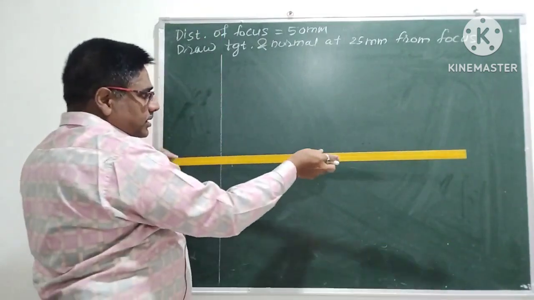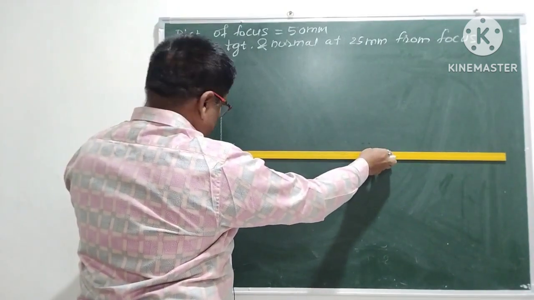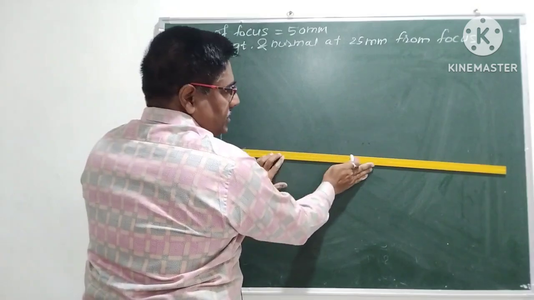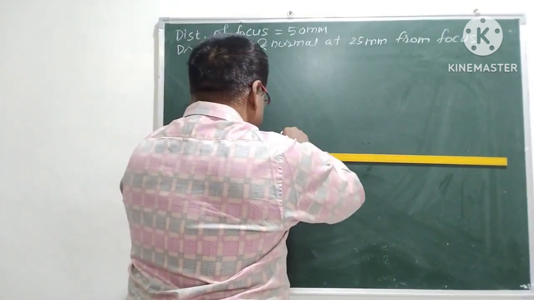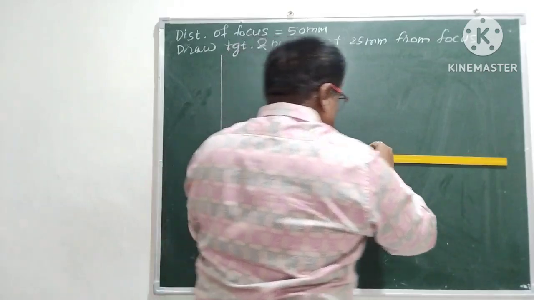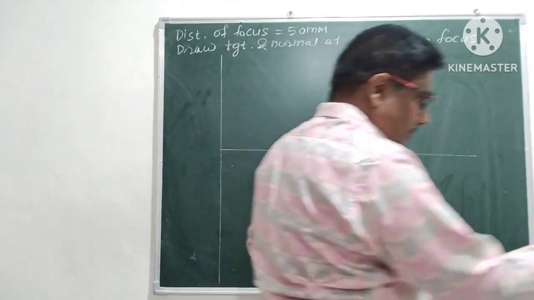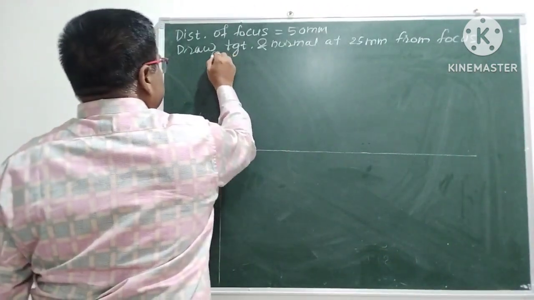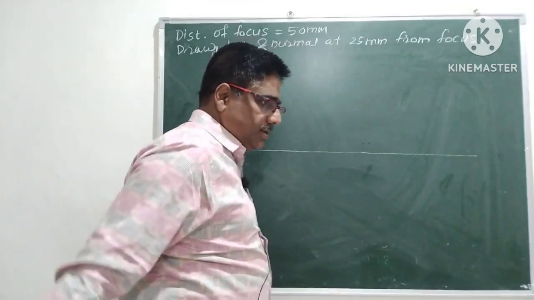Then somewhere in the middle draw a horizontal line which is the axis of the parabola. This is the fixed vertical line, the directrix, and this is the axis.